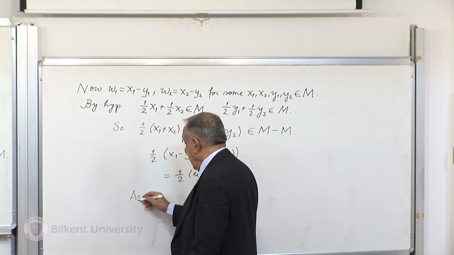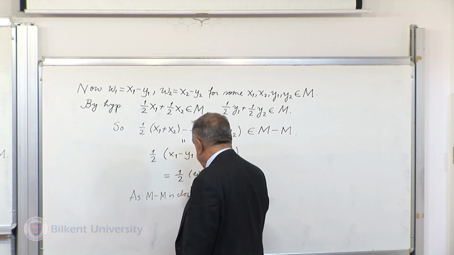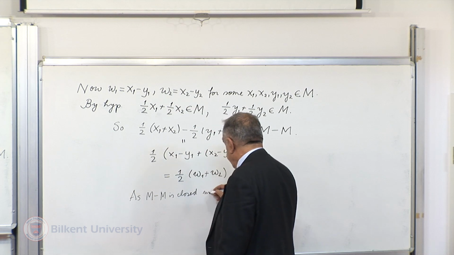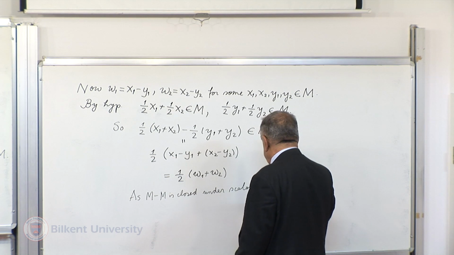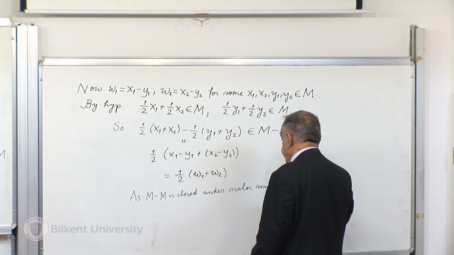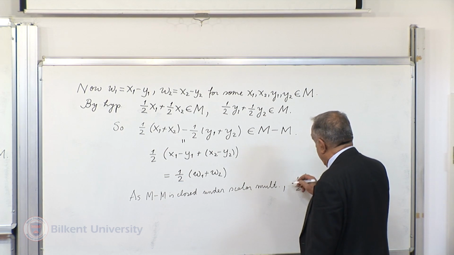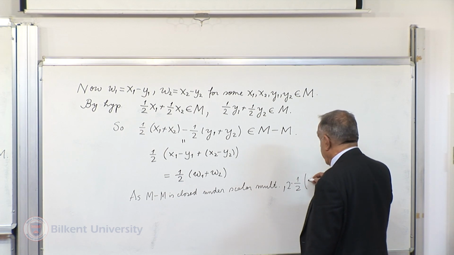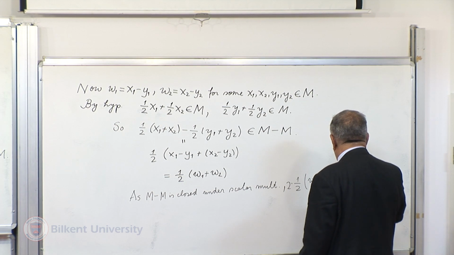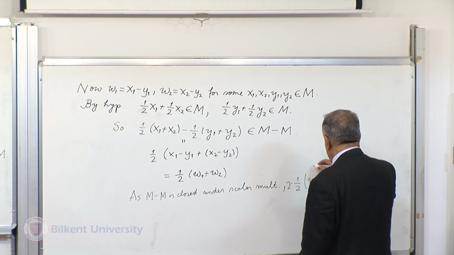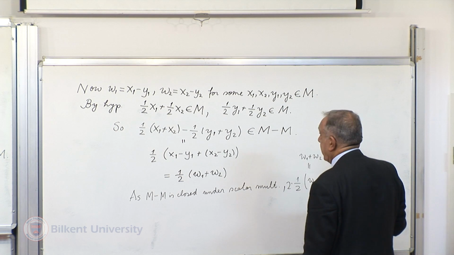As M minus M is closed under scalar multiplication, 2 times 1/2 (w1 plus w2) is in M minus M, but this is nothing but w1 plus w2.